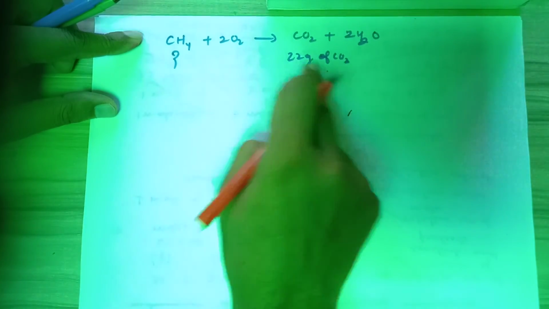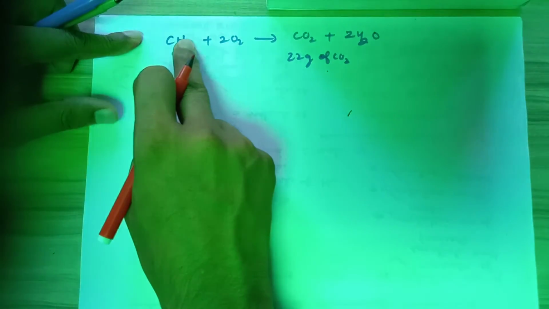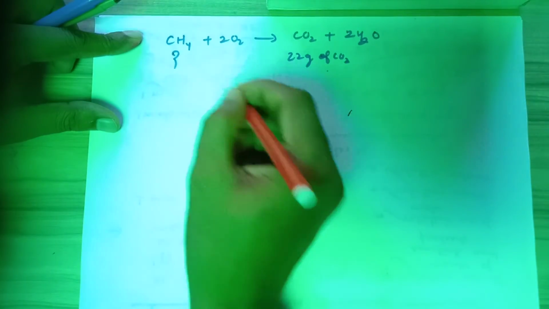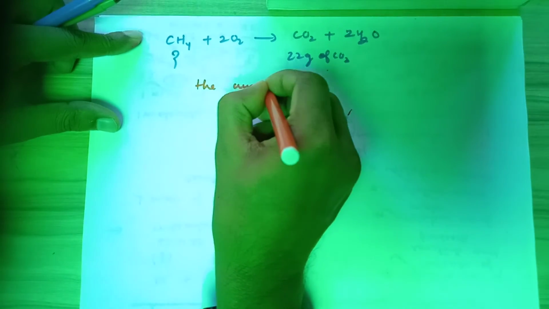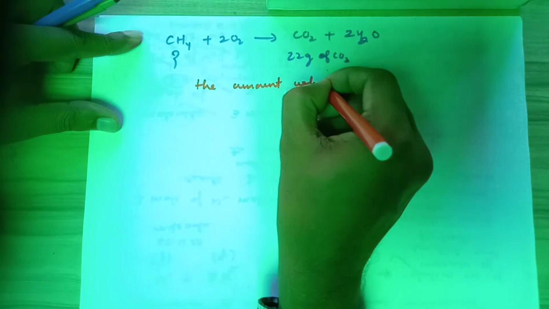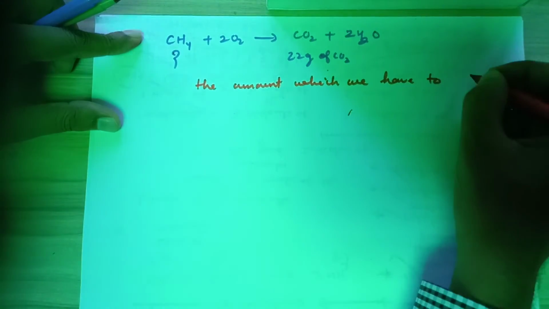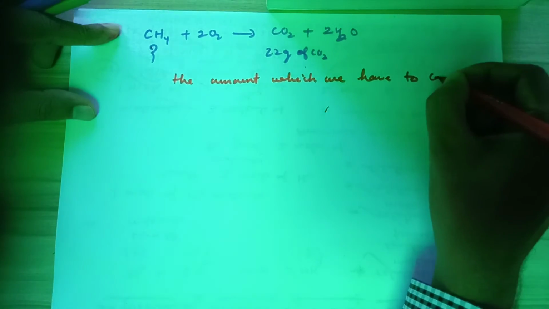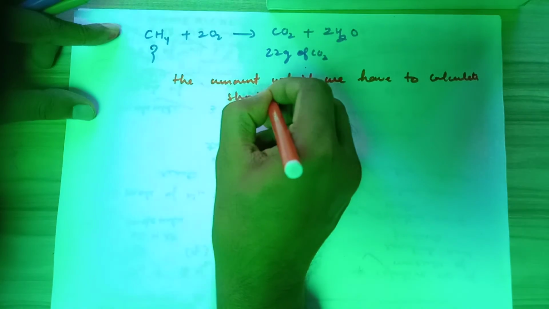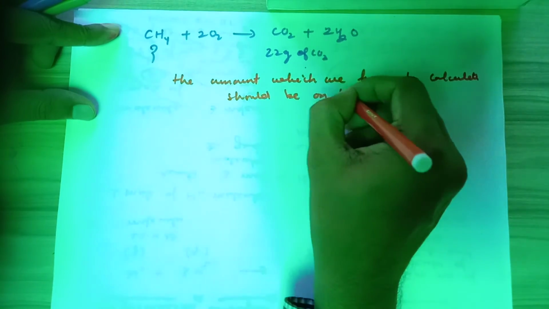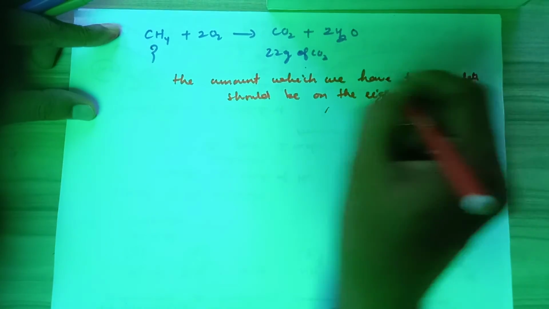So if this is given, this should be on the left hand side, and this should be on the right hand side, because this one has to be calculated.